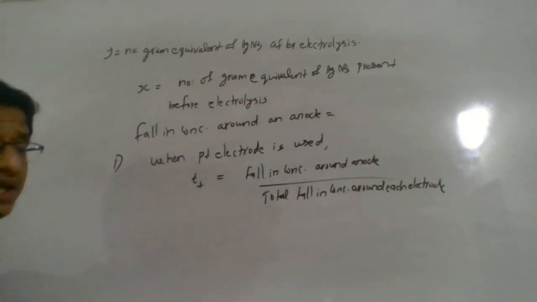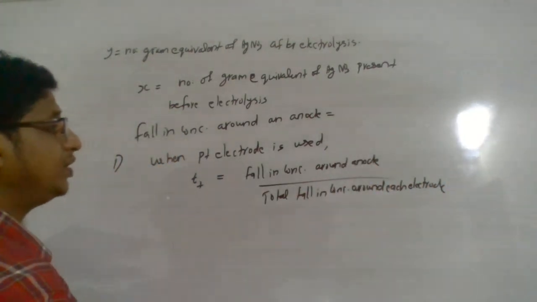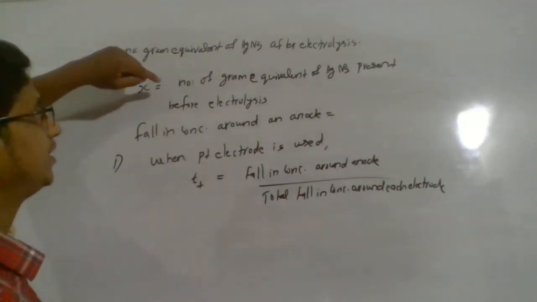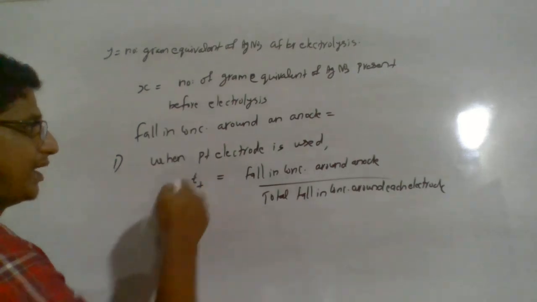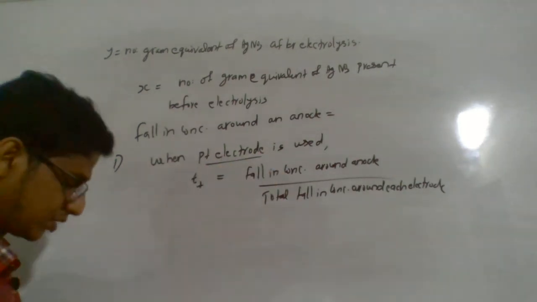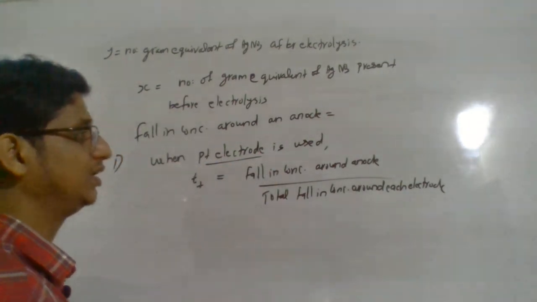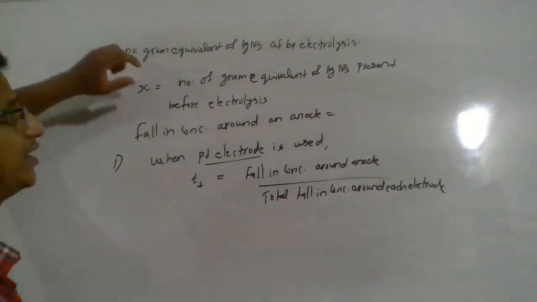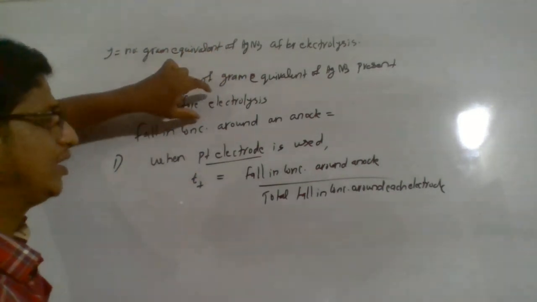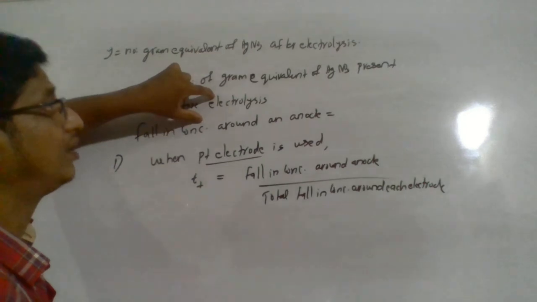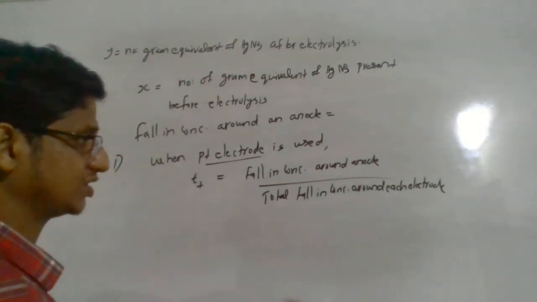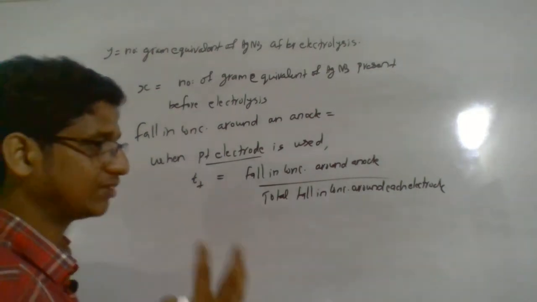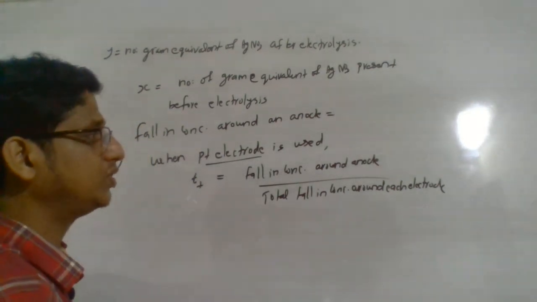So what is the fall in concentration around the anode? We know X is the number of gram equivalents before electrolysis. Since it's a platinum electrode, an inert electrode that does not involve in any reaction, the total gram equivalents of silver nitrate before electrolysis will be higher compared to after electrolysis, because after electrolysis some silver ions definitely will go to the cathode.